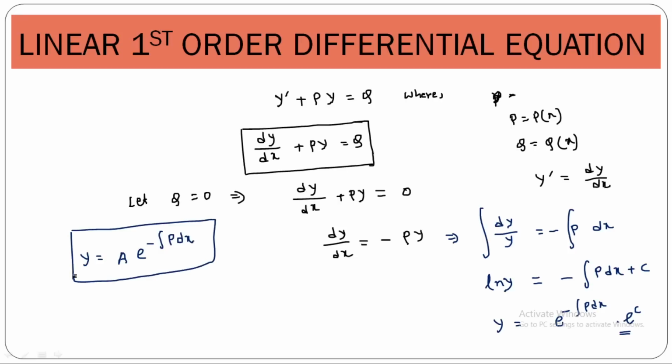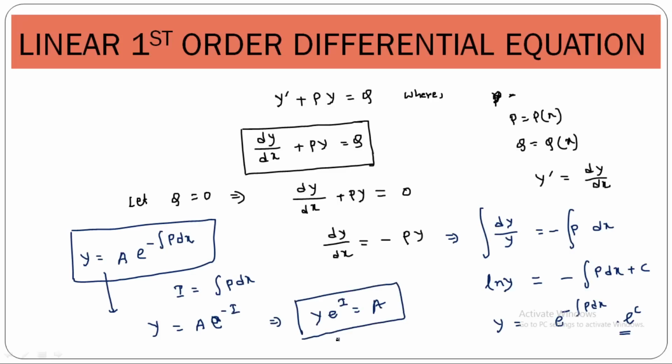Now let me take this ∫p dx as I. So if you take I as ∫p dx, you can write this equation as y = a e to the power -I, or you can write that y e to the power I is equal to a.